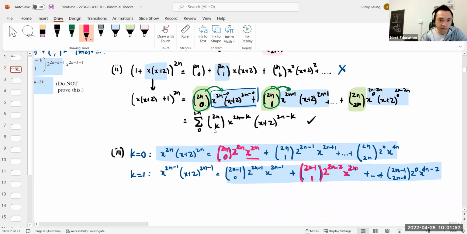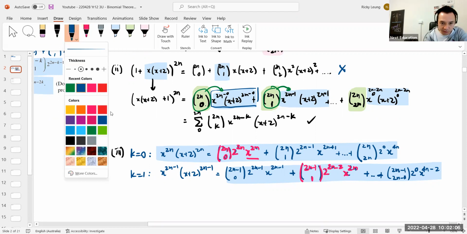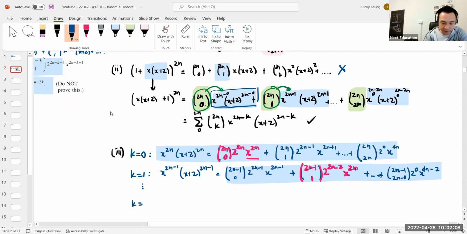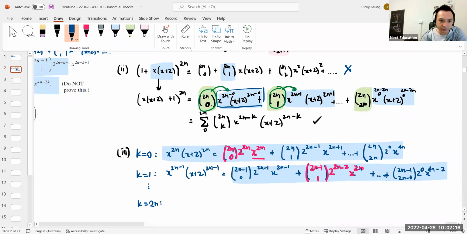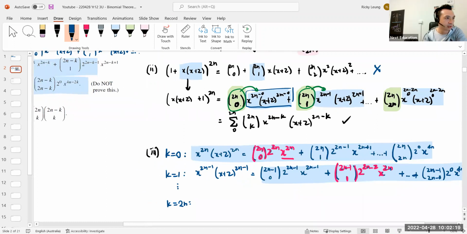So let me see. The last term that I get is when k equals 2n. Let's go there. It feels like this is the last term. Now, let's see. I'm not even sure we get a term, maybe. Or do I even need 2n now?